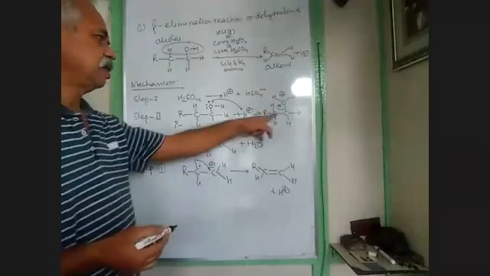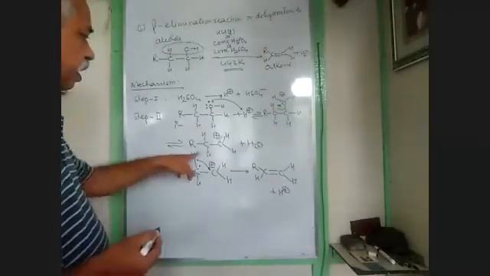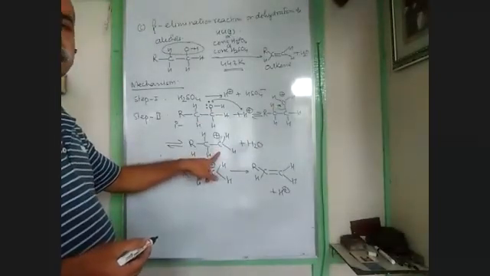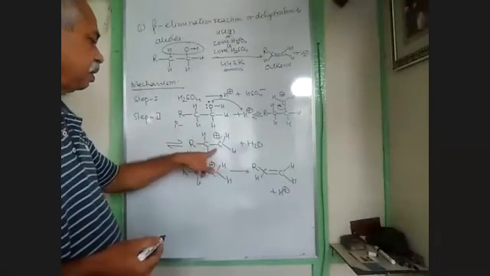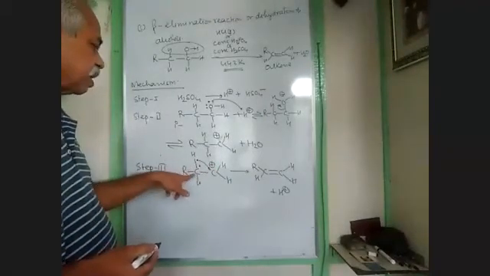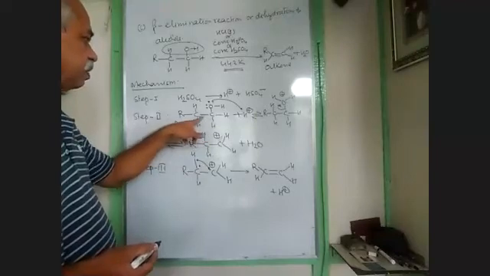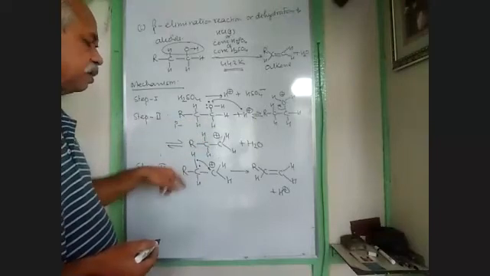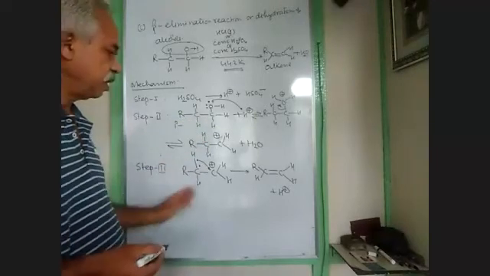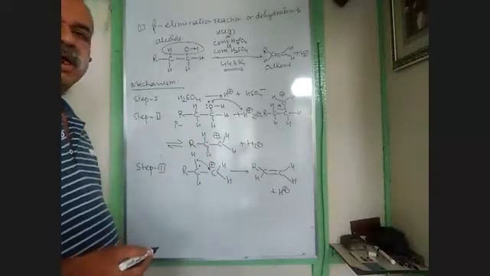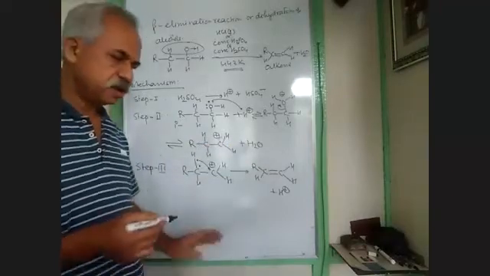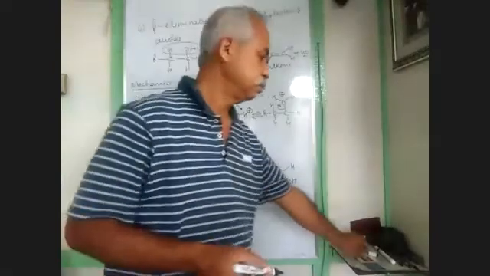Then the carbon oxygen bond will break and it will give you the corresponding carbocation. Then this hydrogen from the beta carbon, see, this was alpha, this is beta, so the beta carbon hydrogen bond breaks, leading to the formation of alkene. So this is the mechanism. Please write this one.